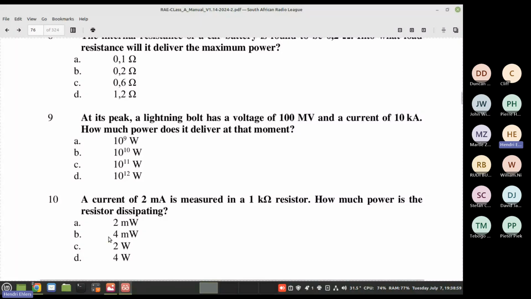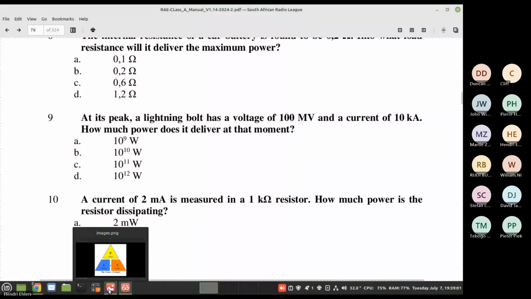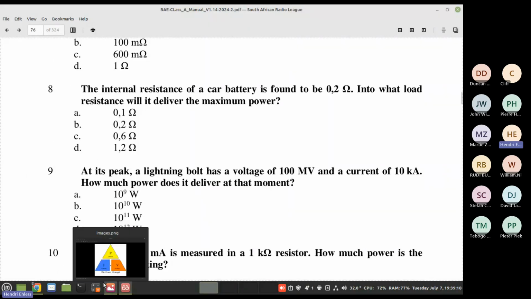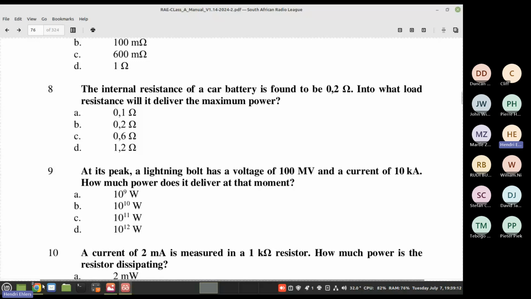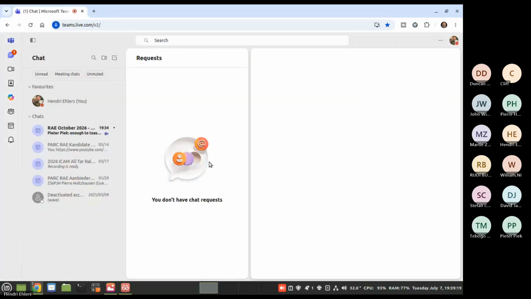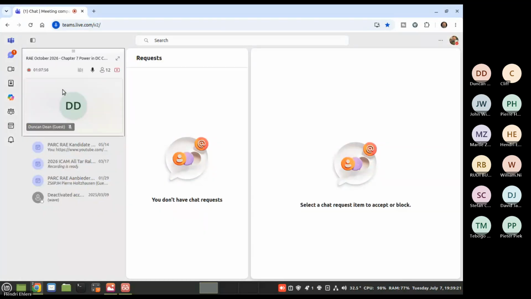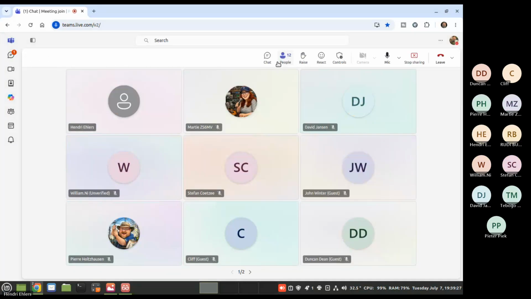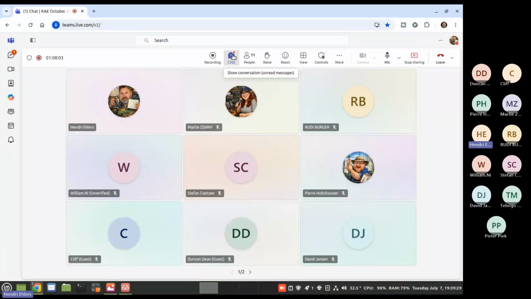Right, so what I've done is I've made up a resistor calculation questionnaire that you can download out of the chat. I'm losing control of my machine now.